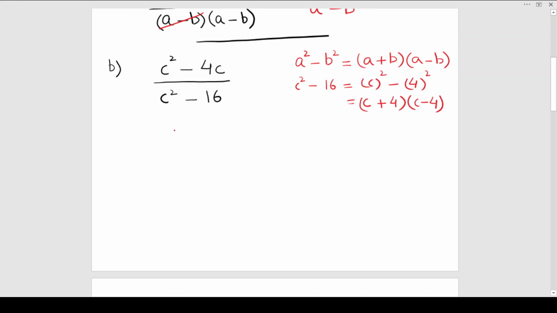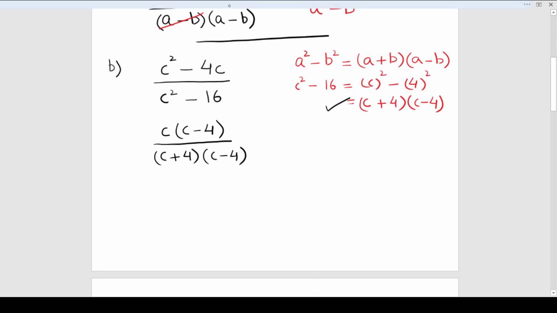In the numerator we can take c as a common factor, so c minus 4 is left there. In the denominator I'll write (c plus 4) into (c minus 4).